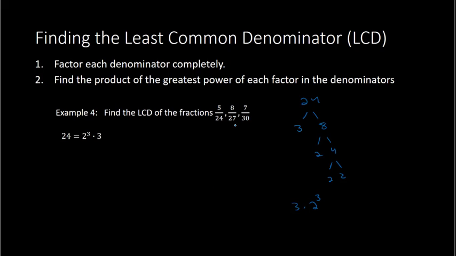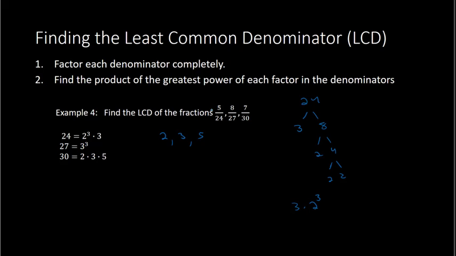We do that for each of the numbers, 27 and 30 as well. 27 would be 3 to the third power, and 30 would be 2 times 3 times 5. So after you factor down every denominator, I look to see which factors we have represented. Well, we have 2's, we have 3's, and we have 5's, right? And the question is, how many of each are we going to take?